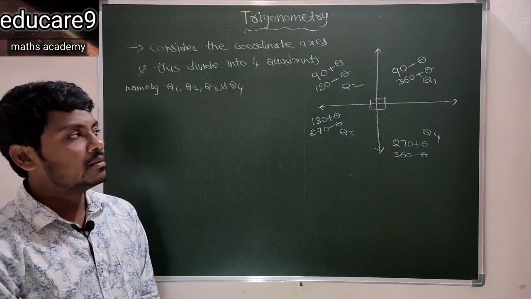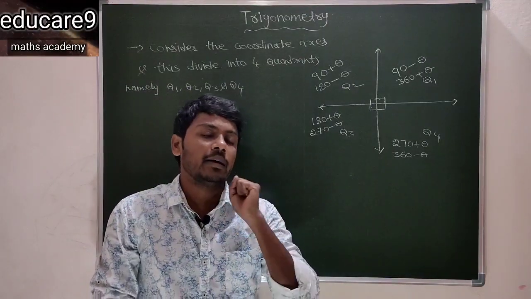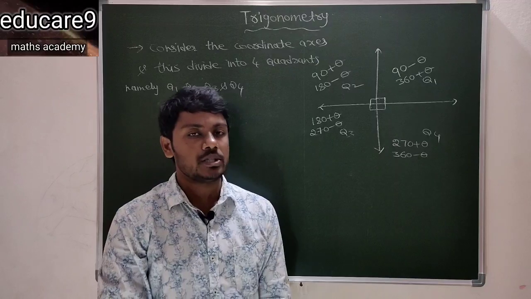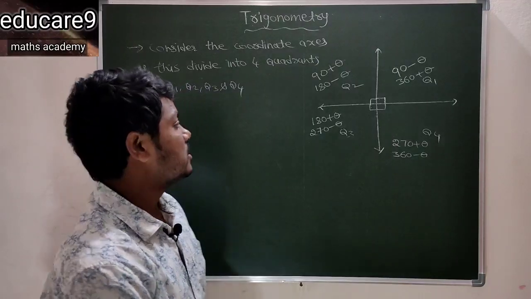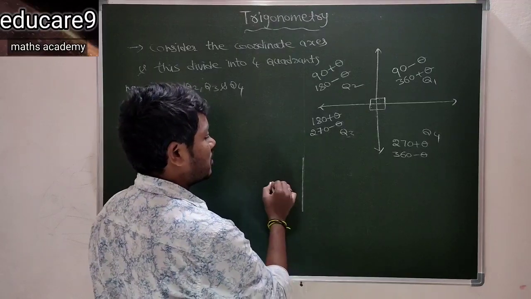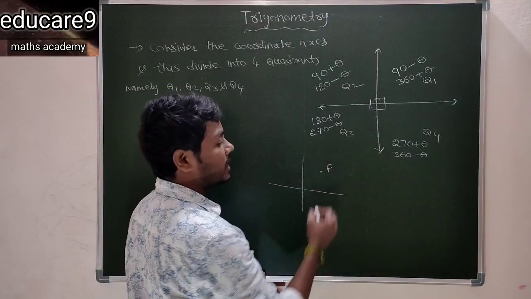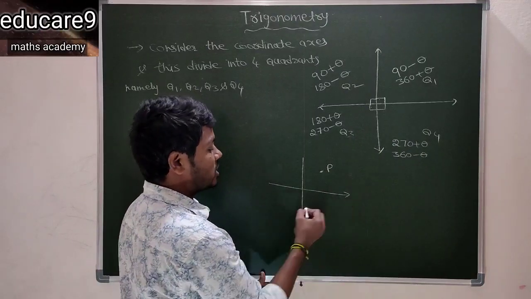Okay, and in the first quadrant all trigonometric ratios are positive. See here, suppose P is any point in the first quadrant.